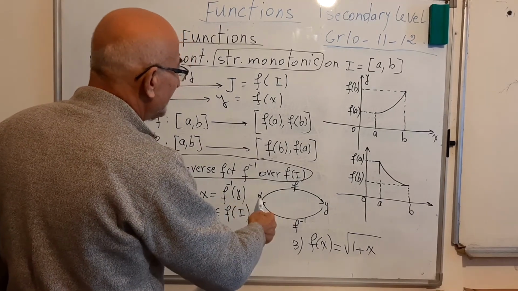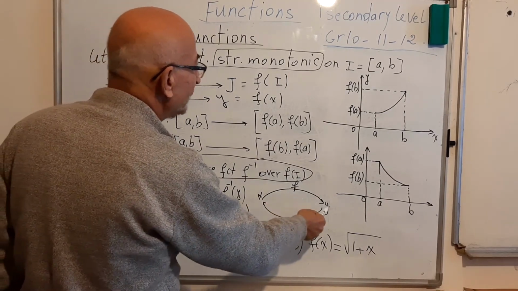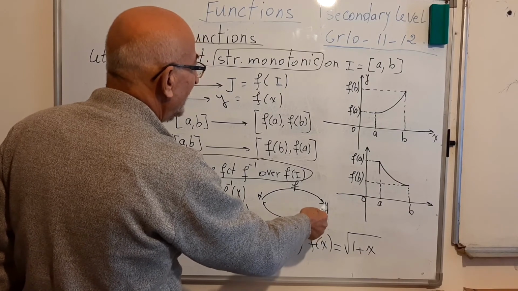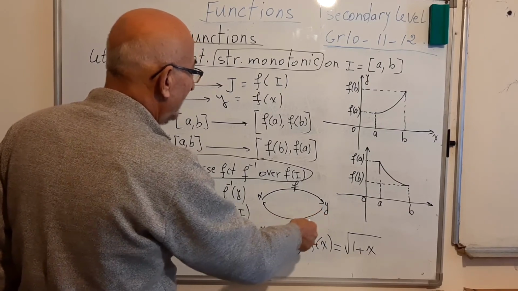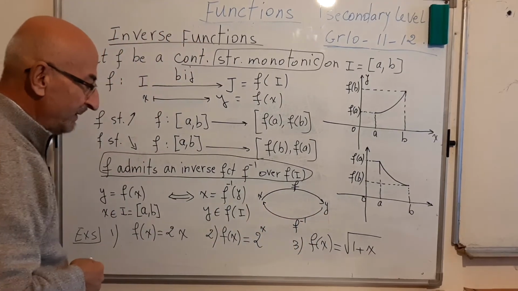The image of x by f is y. The image by f minus 1 of y is x.